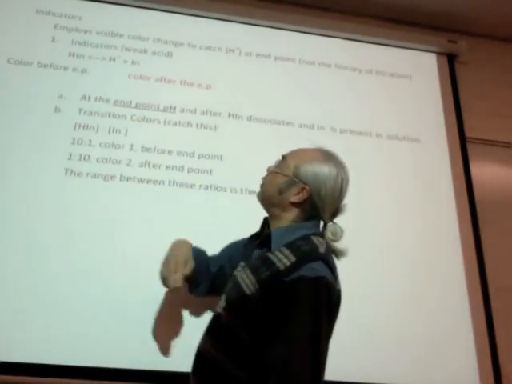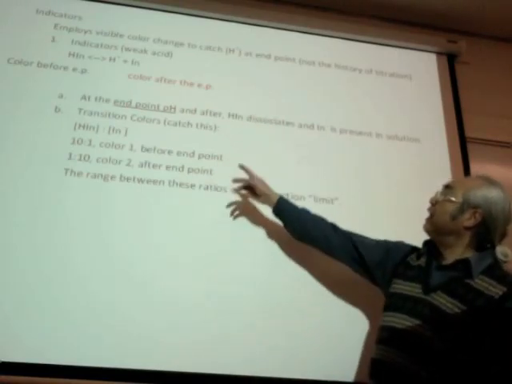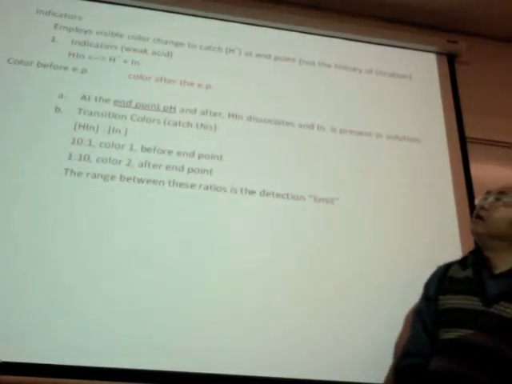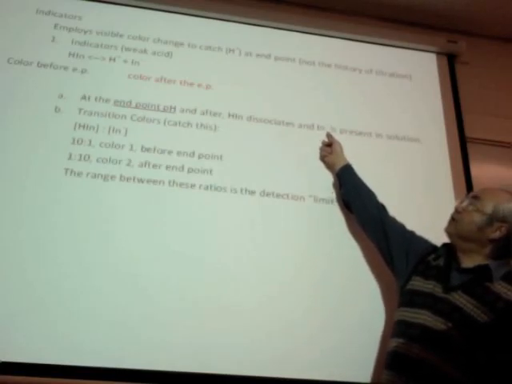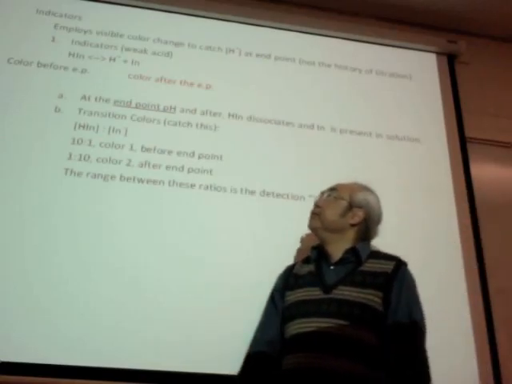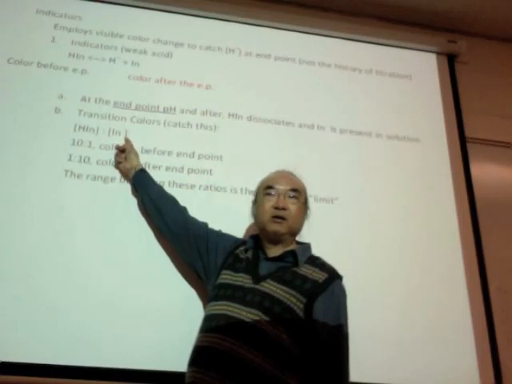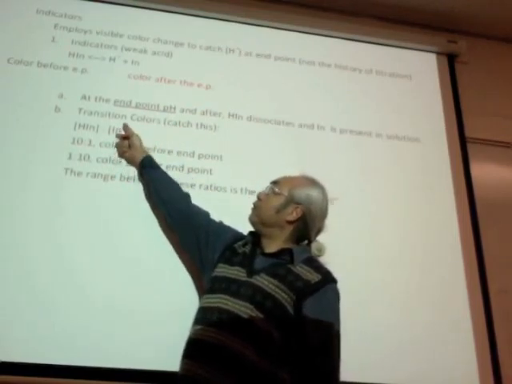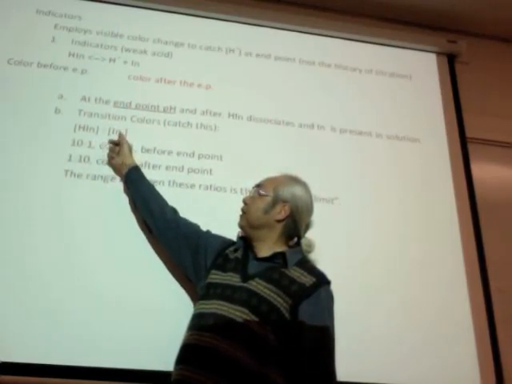So point number 1 is the pH at the endpoint; this guy, just like the equation, will ionize into this guy, so you will catch this color. What it amounts to is that the first appearance of this color is what you're trying to catch. You try to catch the transition color at equilibrium, so the smallest concentration of that.